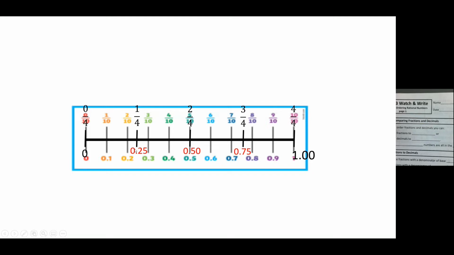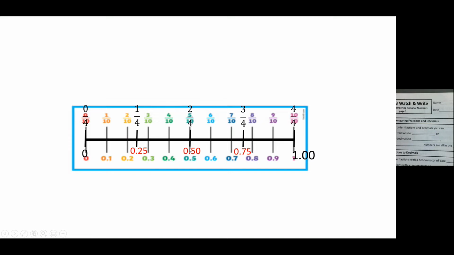It's right in between 0.2 or 2/10 and 0.3 or 3/10. So 0.25 or 1/4 is more than 0.2, but it's not all the way to 0.3. It's right in the middle.